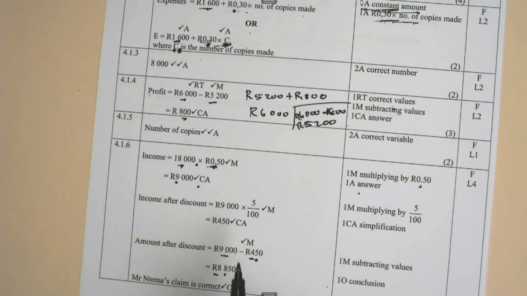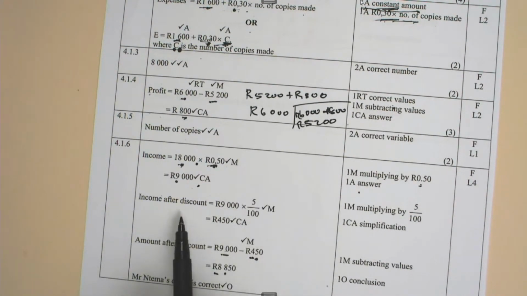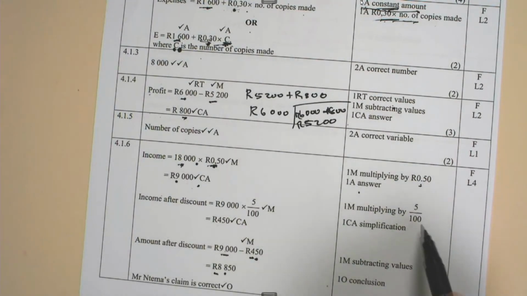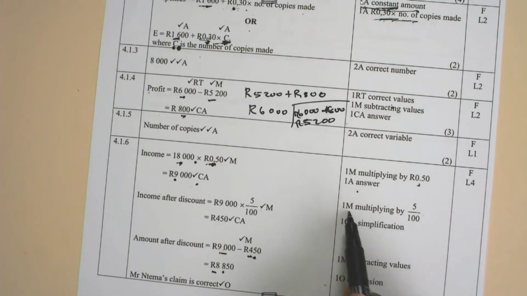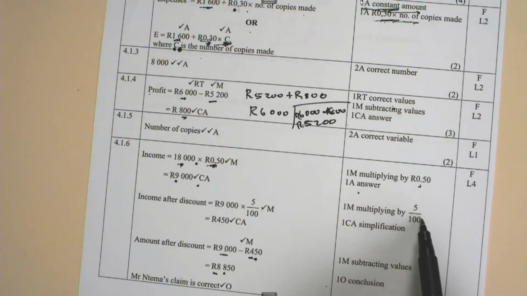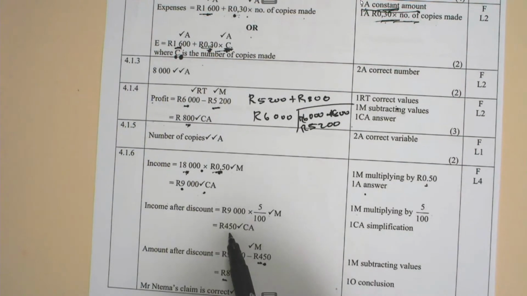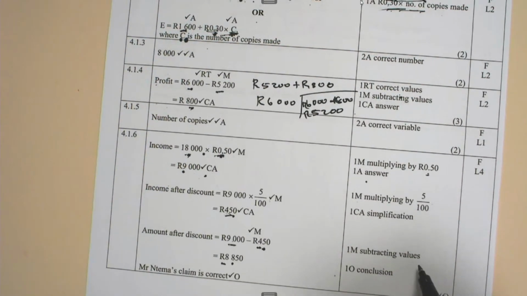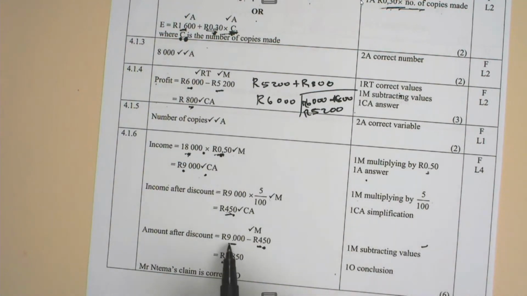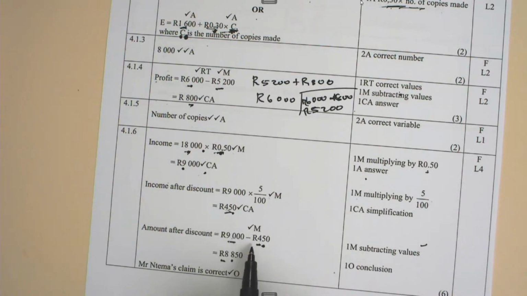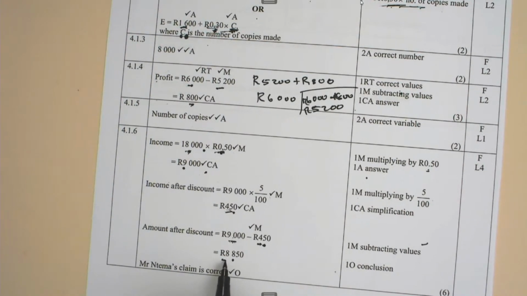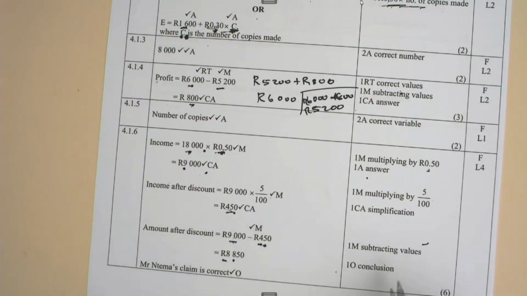Then calculating the discount, 5%, by multiplying by 5% or 5 divided by 100, is another mark for the method. And then the learner will get another mark for 450. And then the next one for subtracting 450 from 9,000 is 1 mark, and getting the correct answer, which is 8,850, is another.